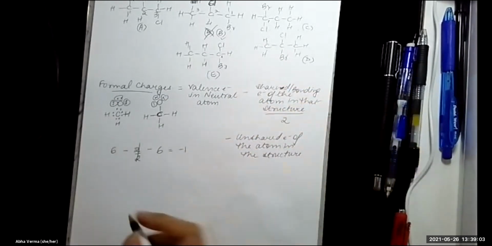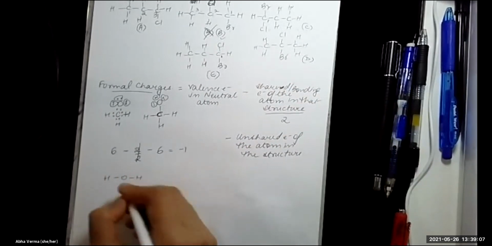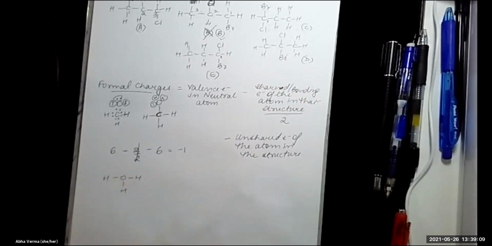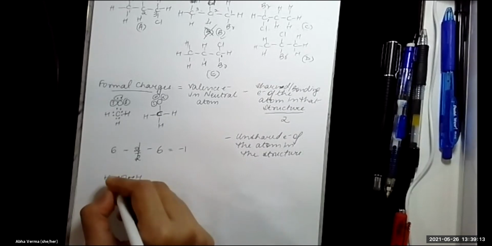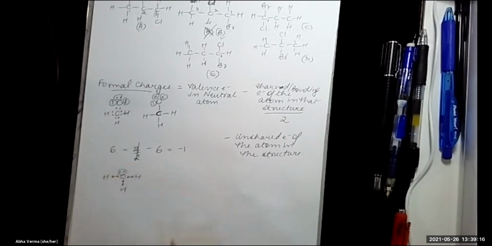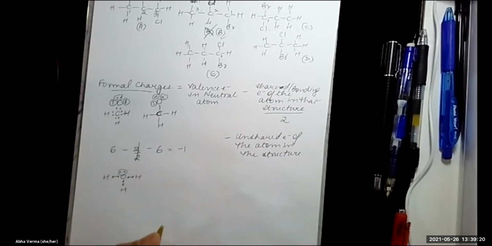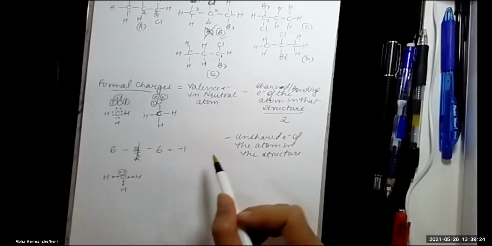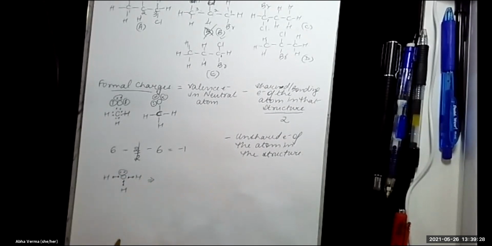Now, on the other hand, let's look at this particular structure. And let me make the dot structure again here. What will be the formal charge for this particular structure?